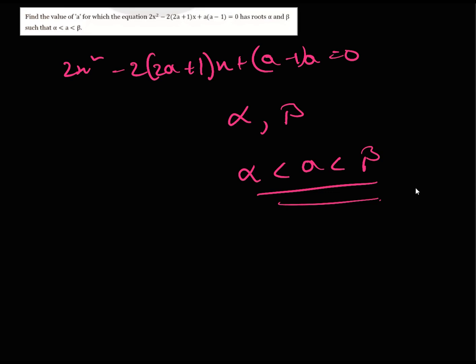So they are saying that the roots of the equation 2x square minus 2 times (2a plus 1) x plus a square minus a equals 0 are alpha and beta such that a is in between alpha and beta.